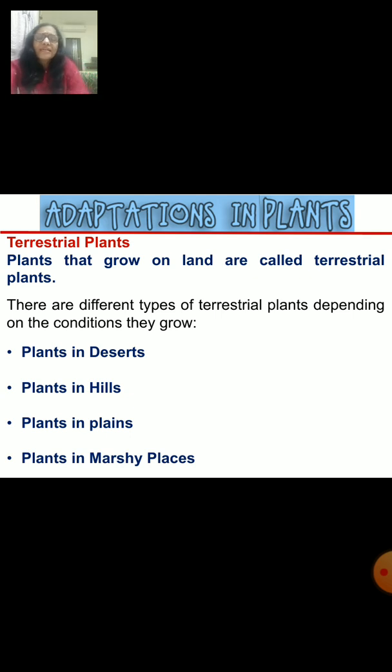Again, there are different kinds of terrestrial plants depending on the conditions they grow in. Some grow in deserts, some grow in hills, some grow in plains, and some grow in marshy places. We will discuss them one by one and try to understand. Please listen carefully so that you can understand nicely.